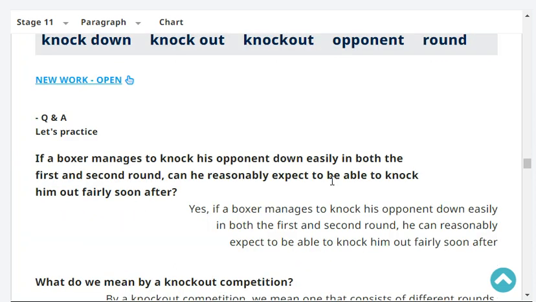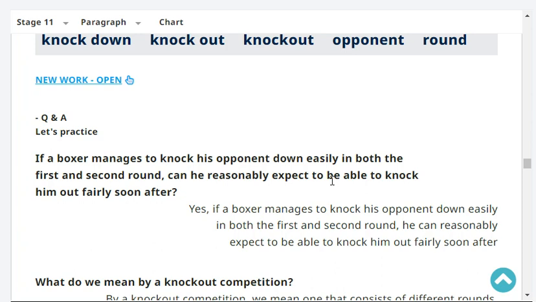Very good. Okay, if a boxer manages to knock his opponent down easily in both the first and second round, can he reasonably expect to be able to knock him out fairly soon after? Yes or no?